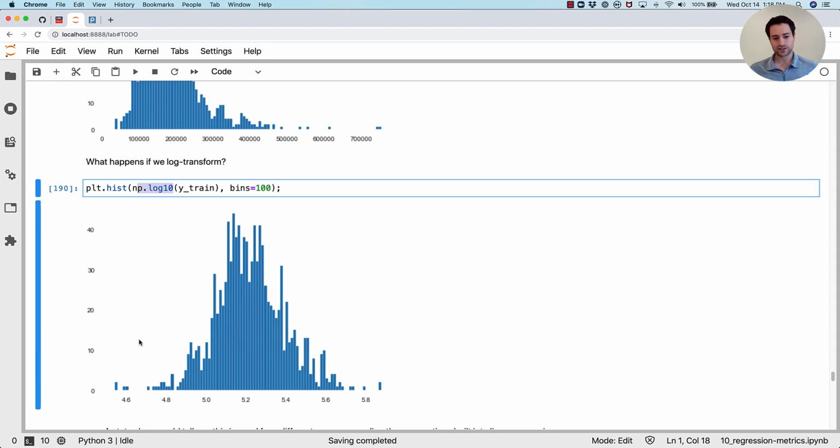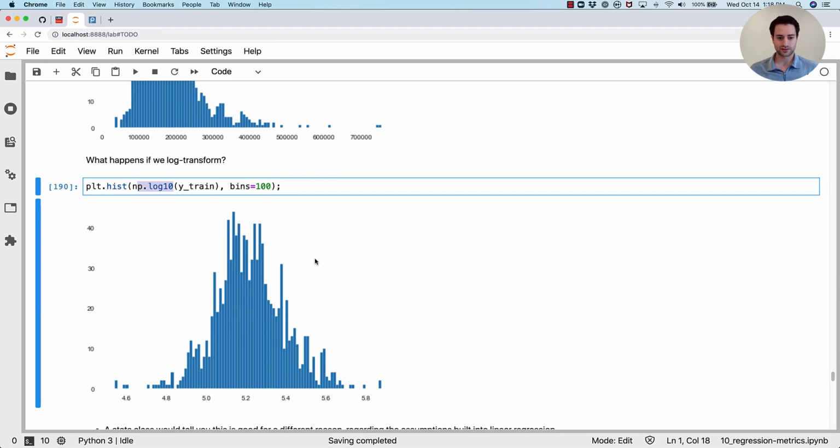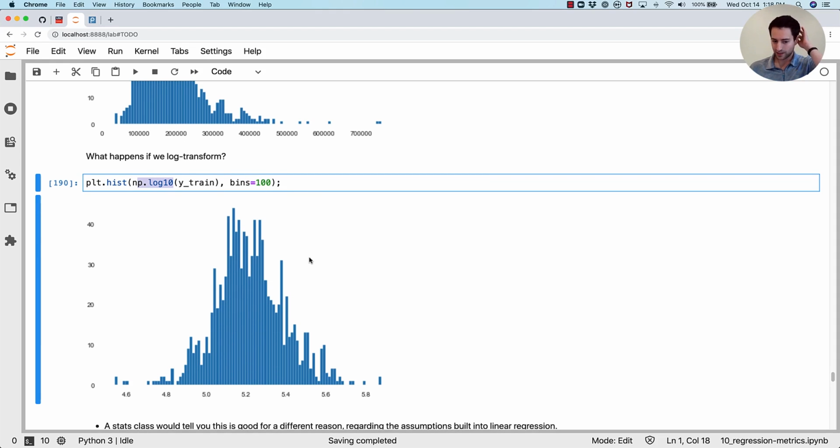And there's a bunch of reasons why you might want to do this transformation. So you might have taken a statistics class where it talks about things looking kind of Gaussian and noise, and this looks a bit more Gaussian. We're not going to go into that here. There's the fact that the predictions will not be negative if we do it this way, which I can talk about in a minute.